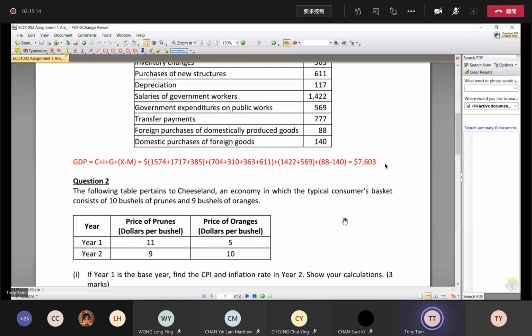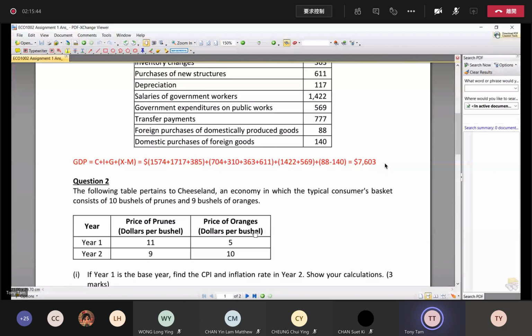Now, here will be the following table. That will be the CPI basket. And of course, that will be hypothetical, right? Just like in our lecture notes. In our lecture notes, the CPI basket just consists of 2 goods. It is just hypothetical, simplifying the stuff that we would like to learn.